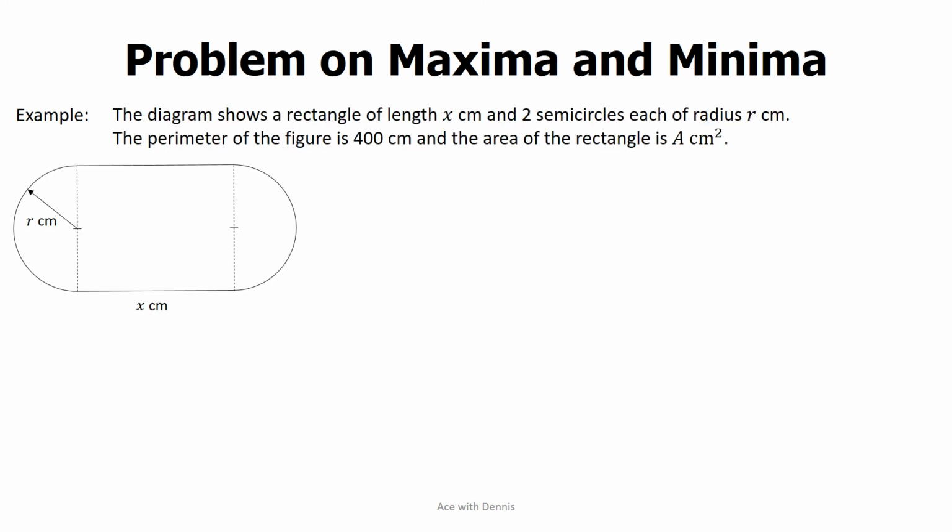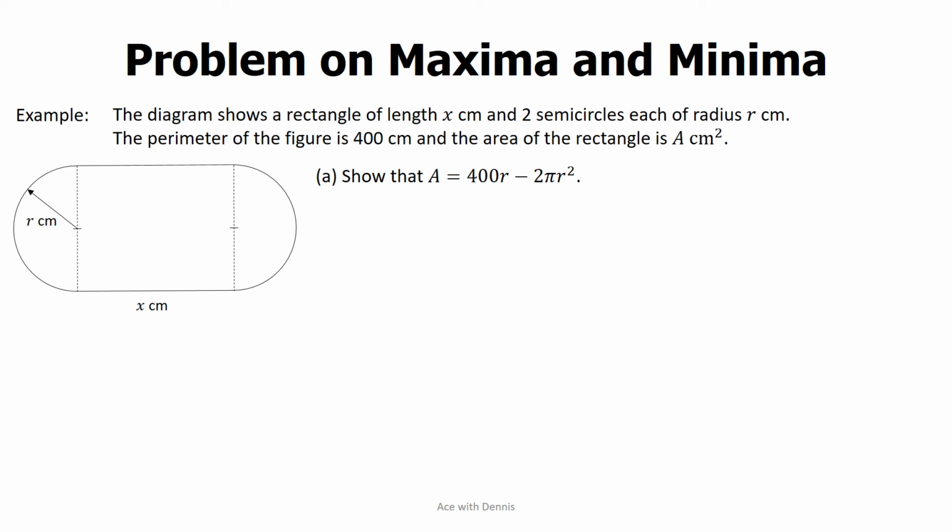Now, let's discuss an example related to the problem on maxima and minima. Here is the example. Given this diagram, the diagram shows a rectangle of length x and two semicircles, each of radius r cm. The perimeter of the figure is 400 cm and the area of the rectangle is A cm squared.